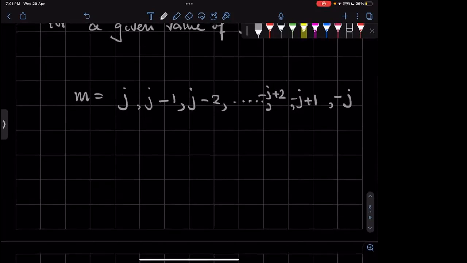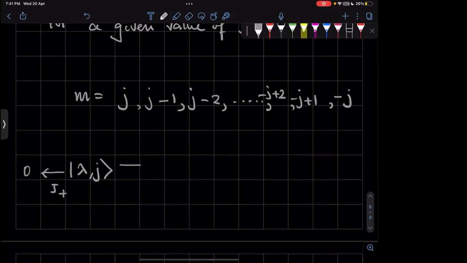Okay, so let's draw this whole thing as a ladder. I'm going to take the ladder and put it on its side just for convenience. So here we have the highest weight state, which is lambda j. Now, if I apply J plus to this, then we get 0.